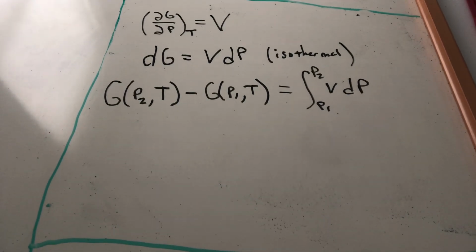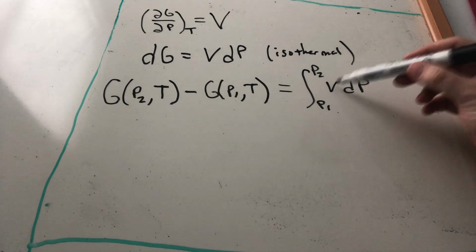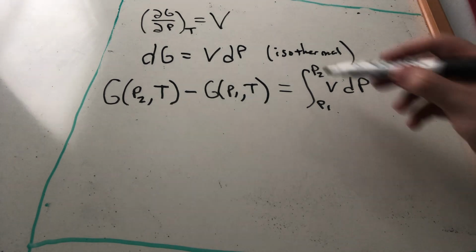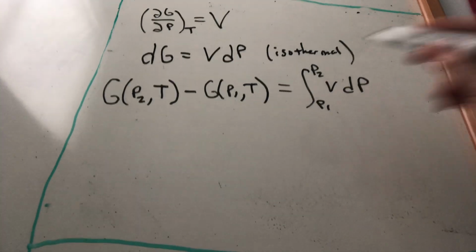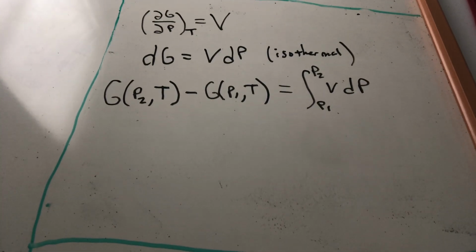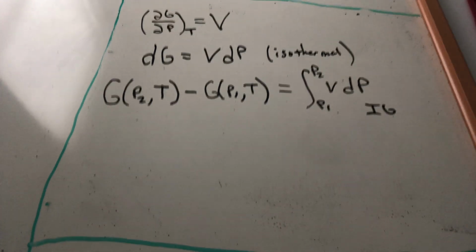Now, what we're going to do is apply a standard to this. This is a general definition for any gas. What we need to know is how V changes as pressure changes, substitute it in there and integrate, but that can get pretty complicated. So let's define a standard that utilizes an ideal gas.